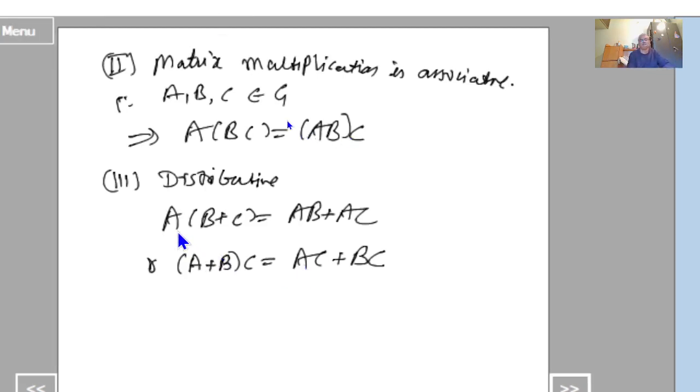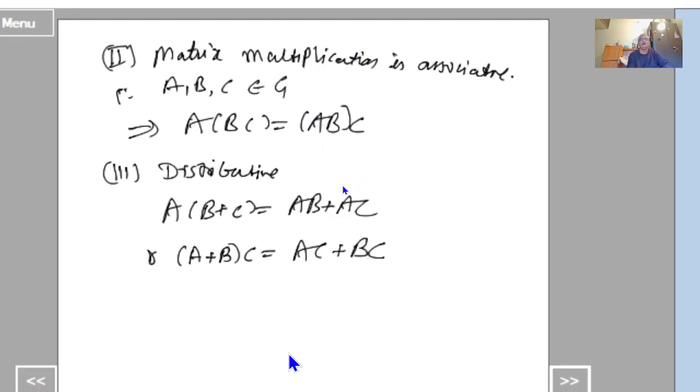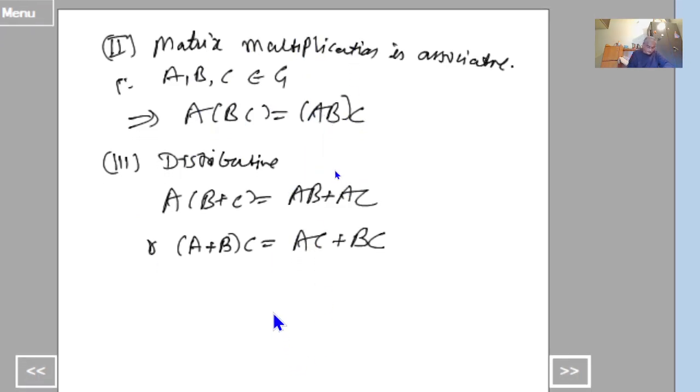We know that if A, B, C are matrices of the same size, then A into B plus C equals AB plus AC, and A plus B into C is equal to AC plus BC. The distributive laws are satisfied. Associative law holds, and it is a group with respect to addition. Therefore, G comma plus comma dot, where dot is matrix multiplication and plus is matrix addition, is a ring.